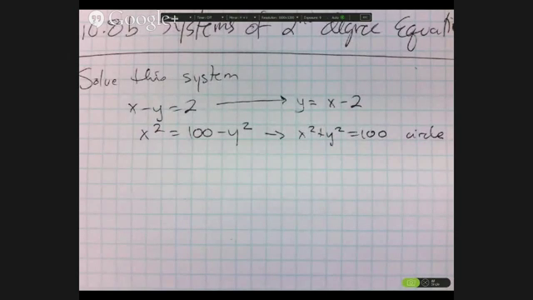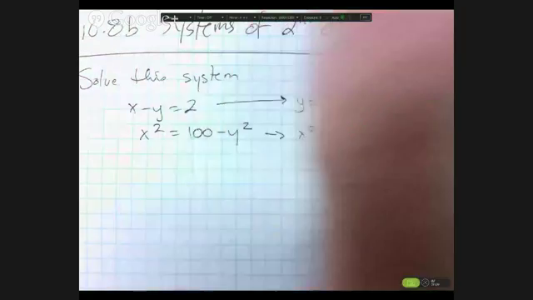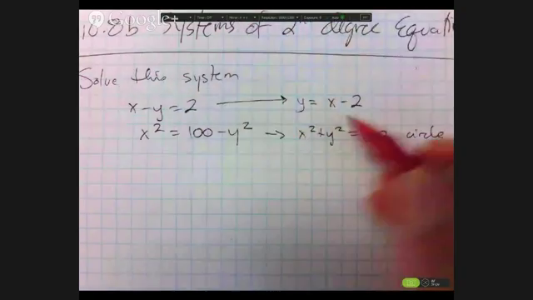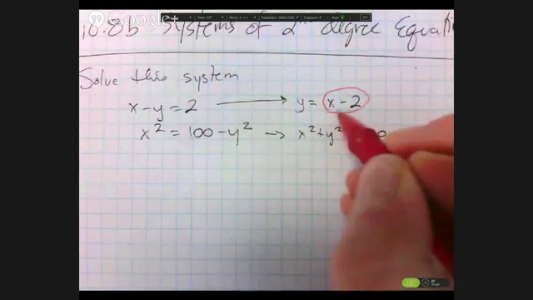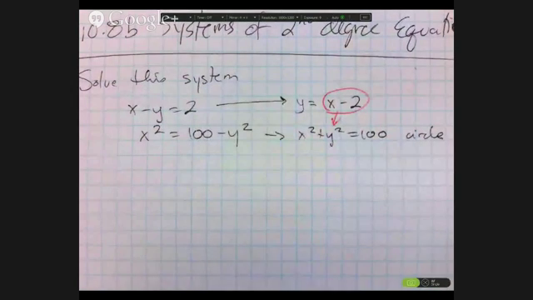Okay. So I'm going to substitute. See how this is y? I'm going to plug it in. What?